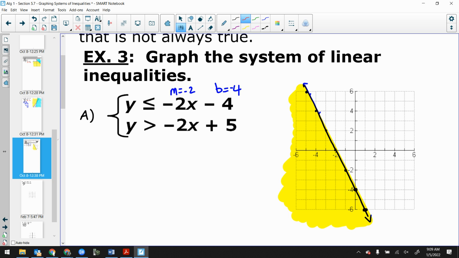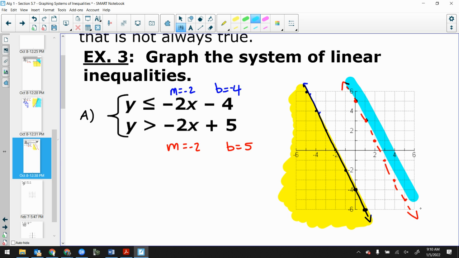When I graph my other line, that's a 3. I'm using the same slope, down 2, right 1. And this one's a dotted line. That doesn't matter so much. It should be what it is, but it doesn't affect our solutions as much. But when I graph this one, I'm shading above.